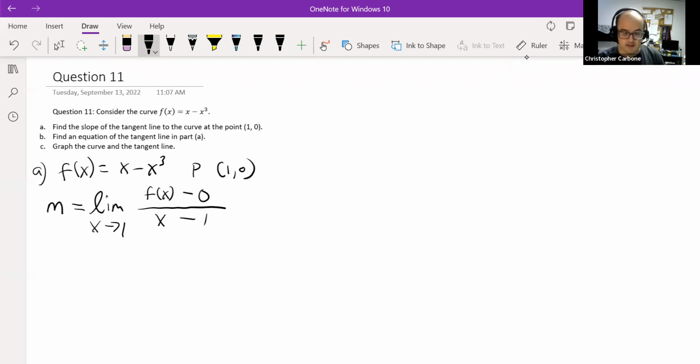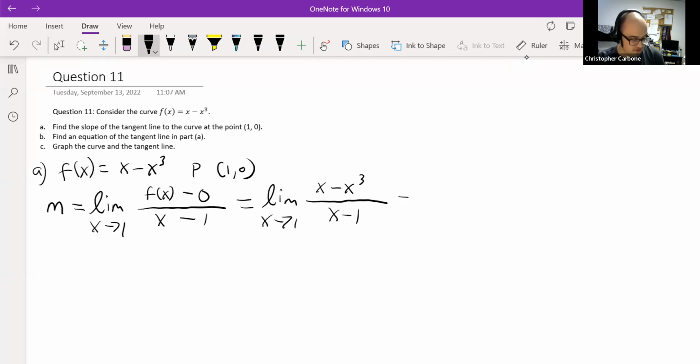So in our case then, this is equal to the limit as x approaches 1. We could replace this f of x in the numerator with the function x minus x cubed. We could just drop the minus 0 because that's 0, divided by x minus 1.